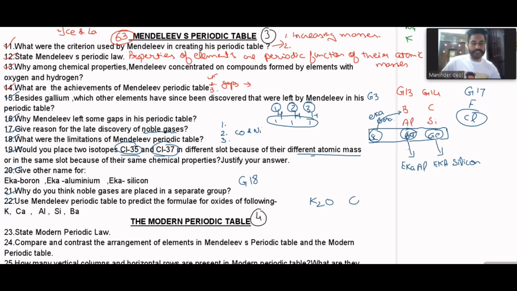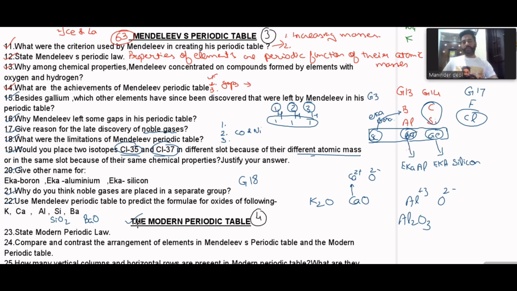Calcium oxide is CaO: second group, valency +2, oxygen O2 minus. Aluminium oxide: aluminium +3, O2 minus, so the formula is Al2O3. Silicon is in group number 14, the family of carbon, so like CO2 it makes SiO2. Barium is in the family of calcium in group number 2, so in the same way BaO.